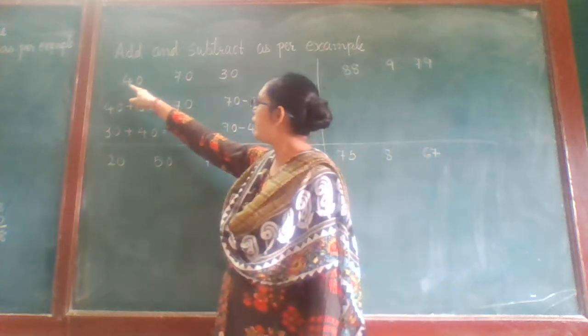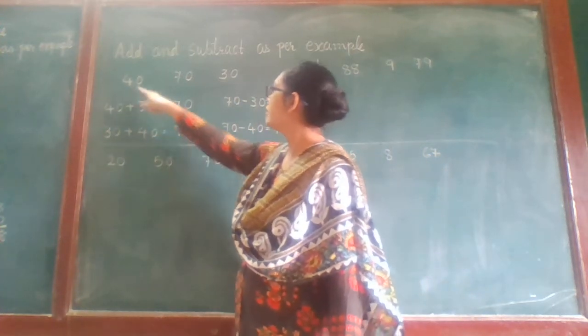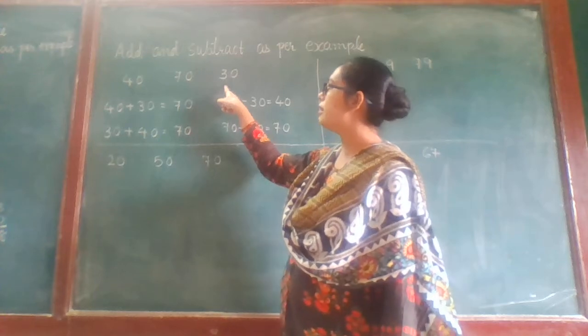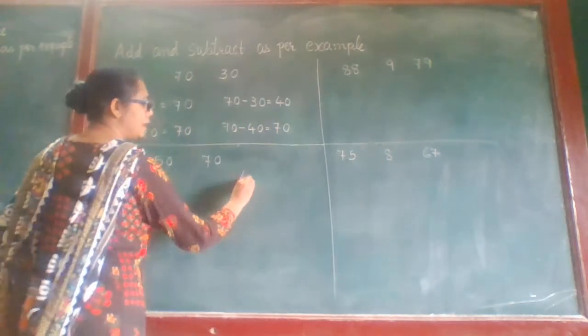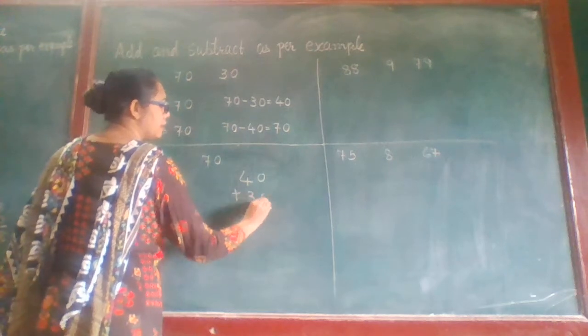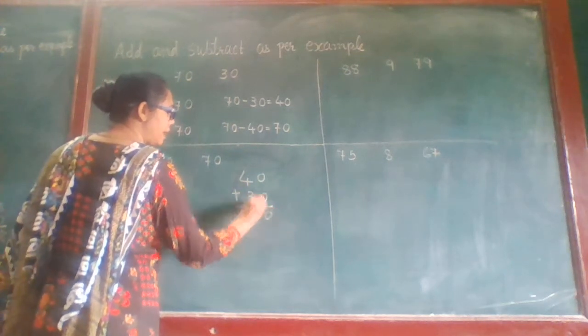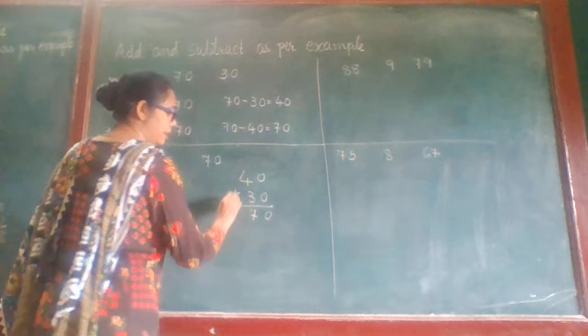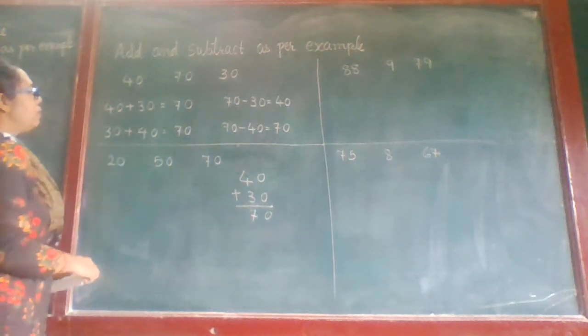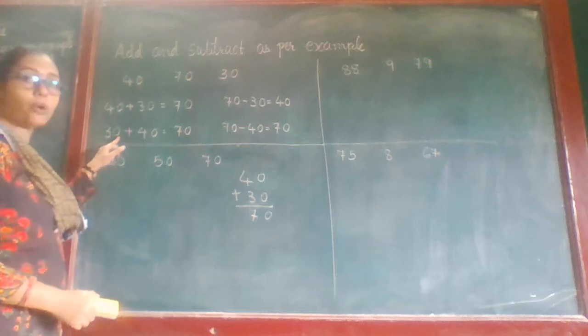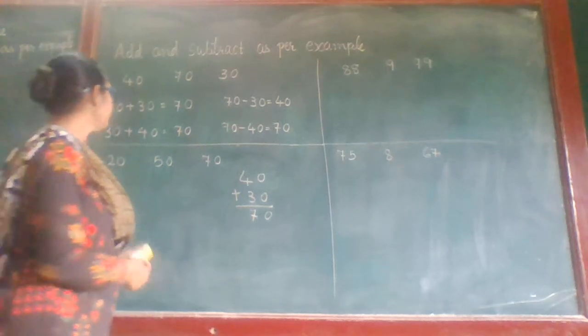So when we add 40 plus 30, what do we get? 70. See, 40 plus 30: 0 plus 0 is 0, and 4 plus 3 is 7. Okay, 40 plus 30 we get 70. Now here we change the order of the numbers.